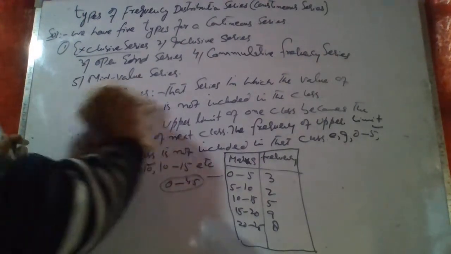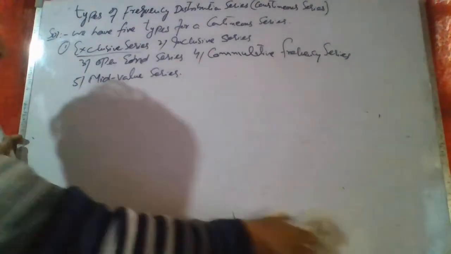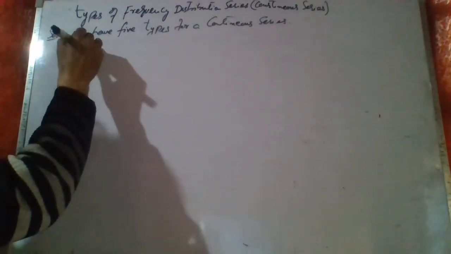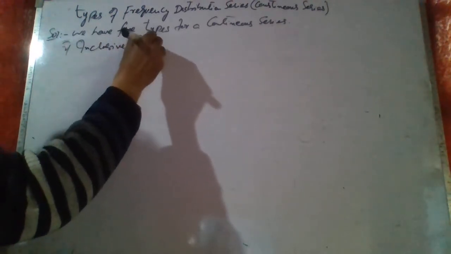Now we will take the next form of this continuous series. The next form is inclusive series. It is opposite to exclusive series.